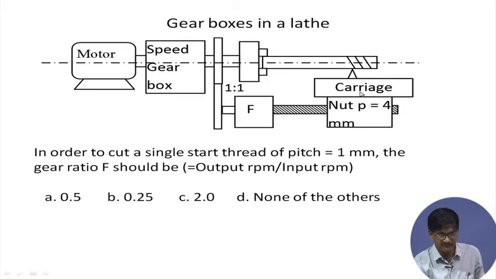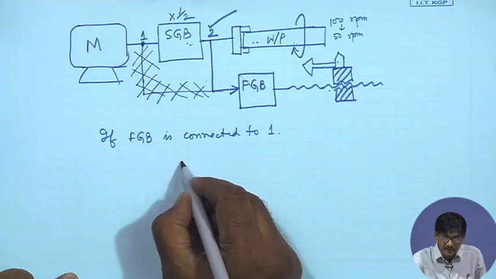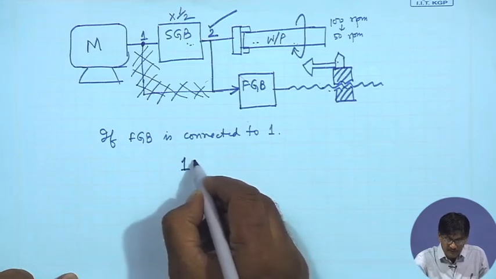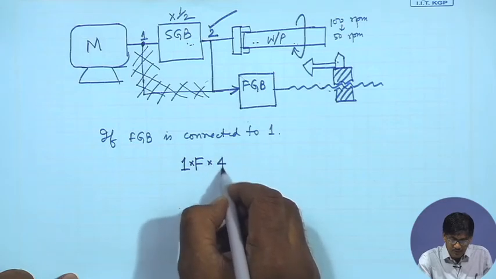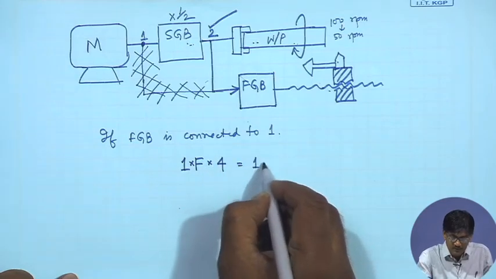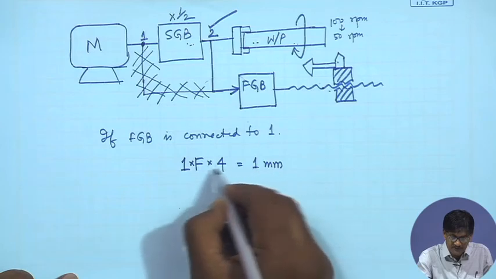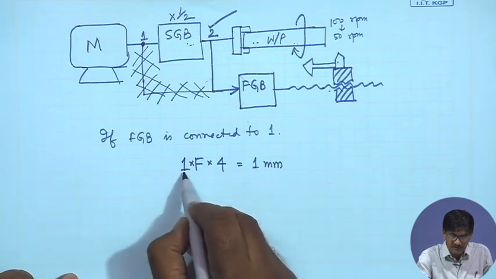So, if you come to this page, 1 into F into 4 must be equal to 1 millimeter, because we have started with the consideration that I am rotating the spindle by 1 rotation. That is why I have written this one every time.